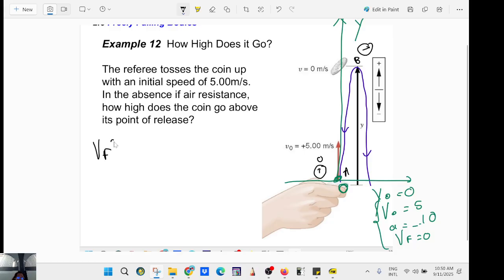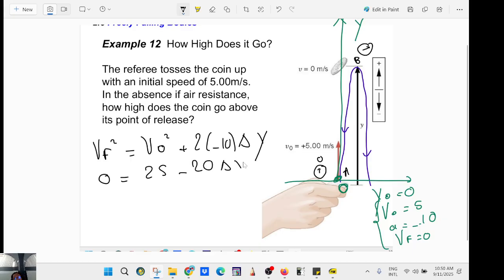So I'm gonna use the equation V final squared equals initial, I put a 0 squared, plus 2 times minus 10 delta y. Okay? So the final is 0, initial is 5, so 5 squared is 25, minus 20 delta y. Okay, so delta y equals 25 over 20.